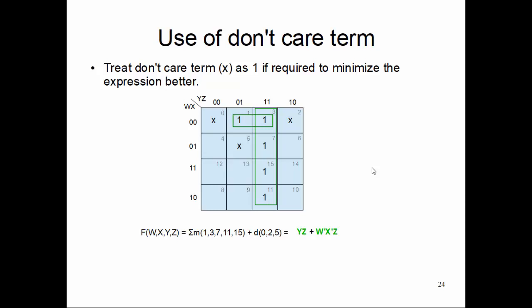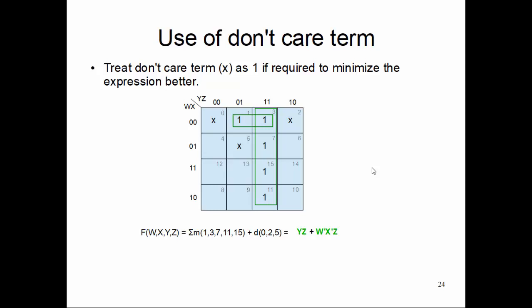That doesn't make sense, because a group of X's won't appear in the lifetime of the logic circuit. So you should not group all X's together. And secondly, you should treat X as 1 only if it helps you make a big group.